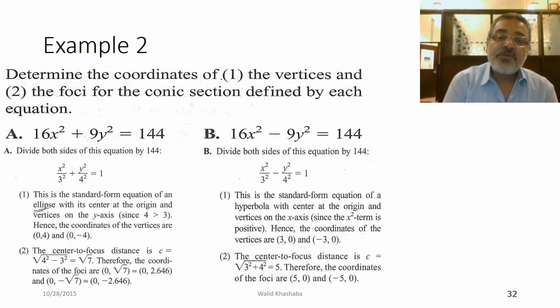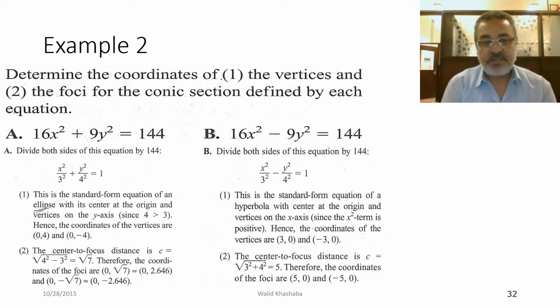And the vertices will be on the x-axis right now. Why? Because the value 3 is larger than negative 4. Anyway, they are 3 and 0, of course, and negative 3 and 0.